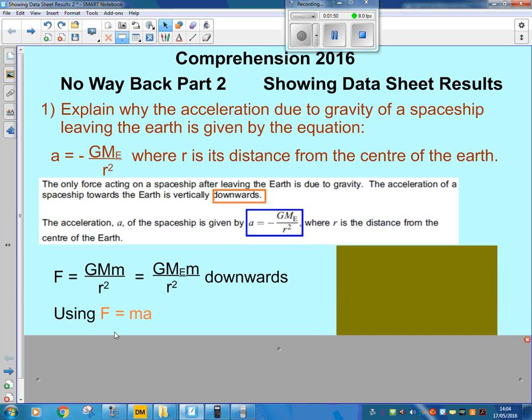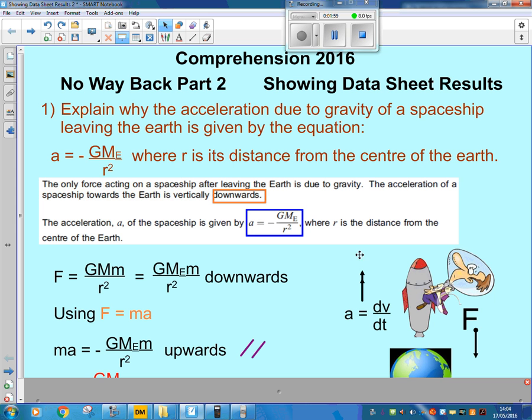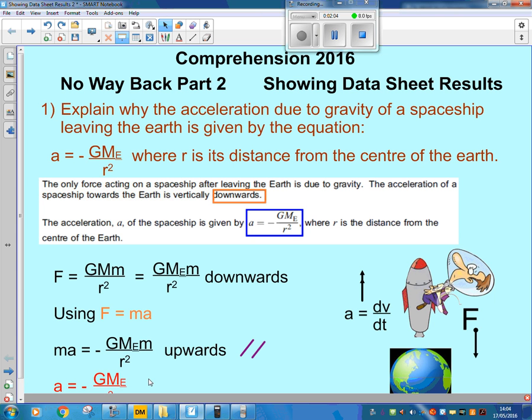Now, before we use F equals ma on this, we need to take account of direction. And so if we look, you'll see the acceleration is going up, but the force is pulling down. Now that is why we get a minus sign here, because the acceleration, we're looking at the rate of change of a velocity, and the velocity was going up, the force is pulling in the opposite direction, so we have to say ma is minus this force, because the force is pulling the opposite direction.